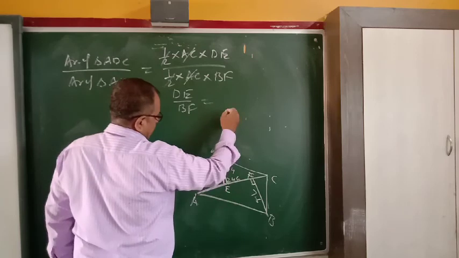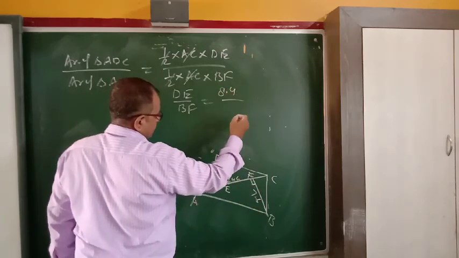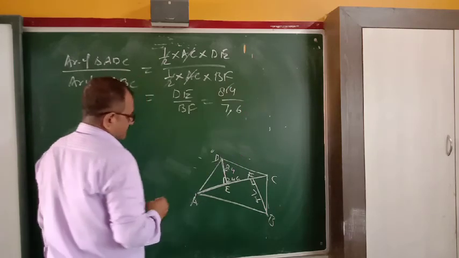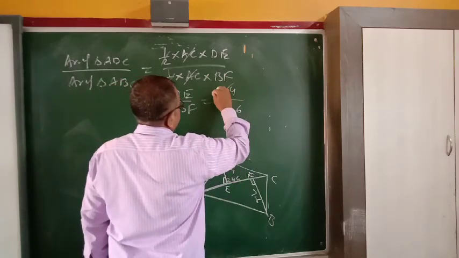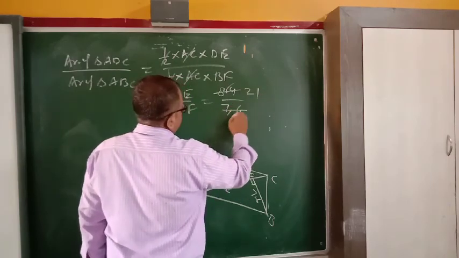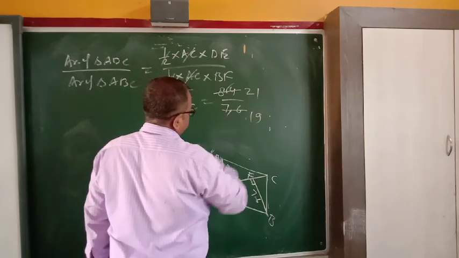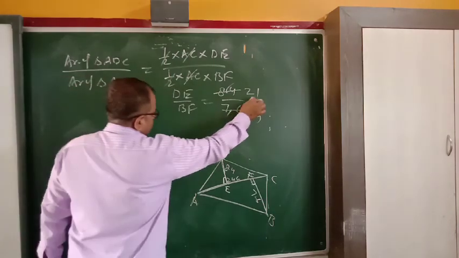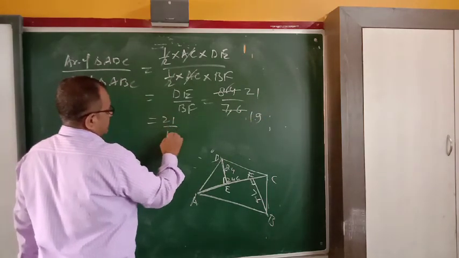DE is 8.4 and BF is 7.6. We can remove the decimal and reduce it. 4 2s are 8, 4 1s are 4, 4 1s are 4, remainder 3, 36, 4 9s are 36. 21 upon 19. We cannot reduce it further.